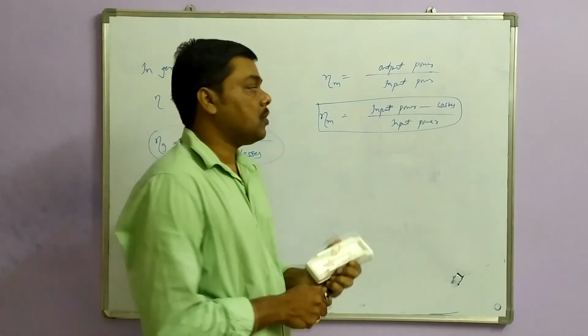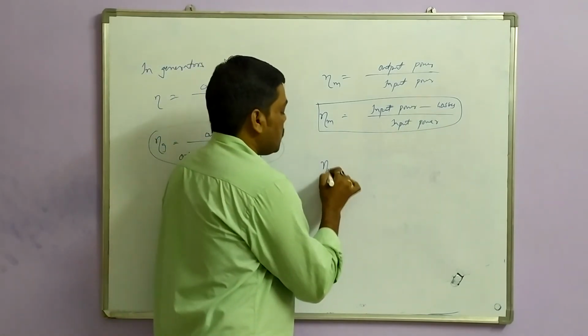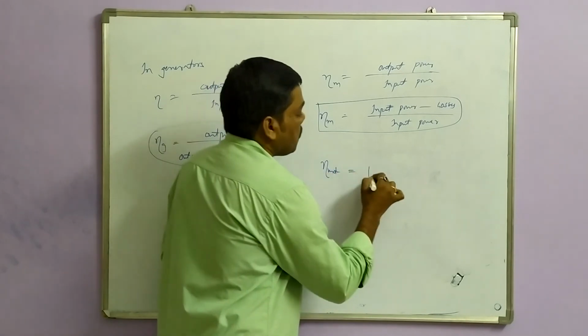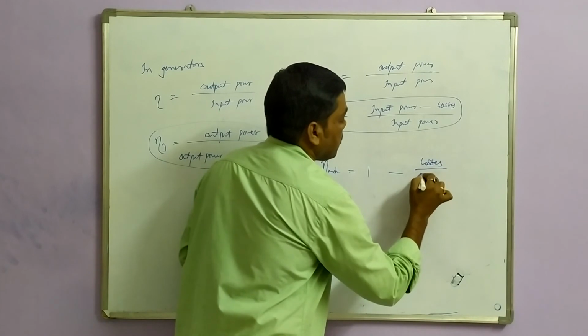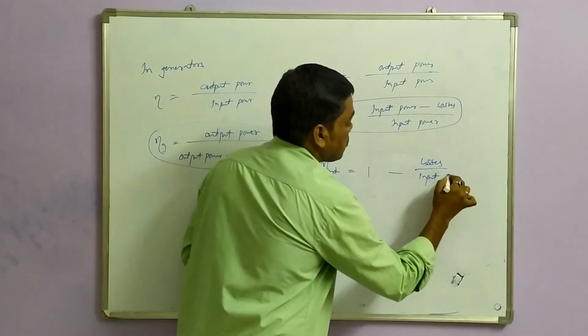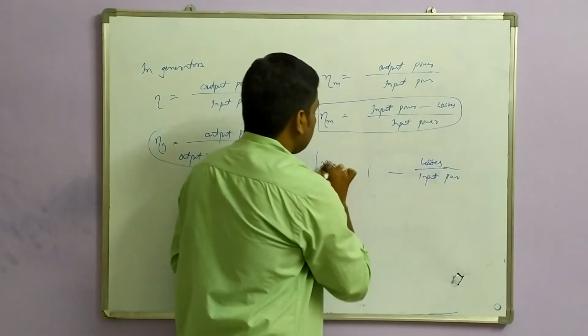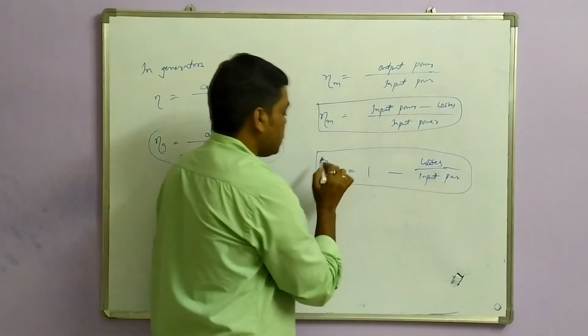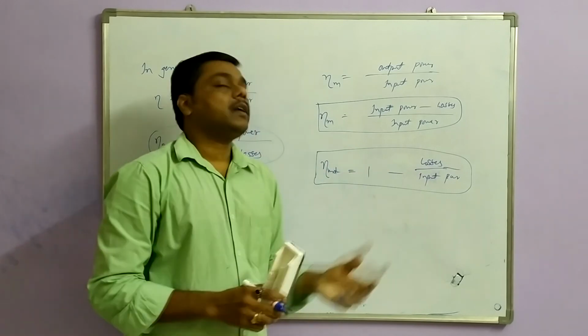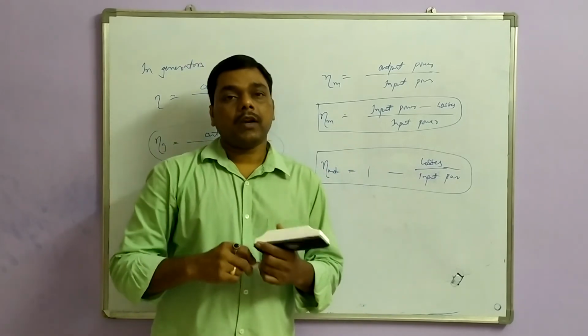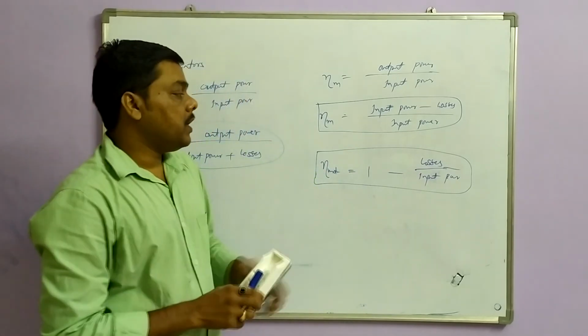So we can also write for motors 1 minus losses by input power. So this is also we can utilize very easily. Once you know the losses and input power, you can calculate the efficiency of motor. Then it will be very easy.